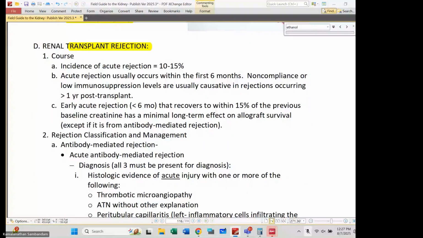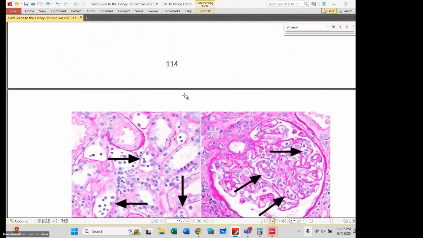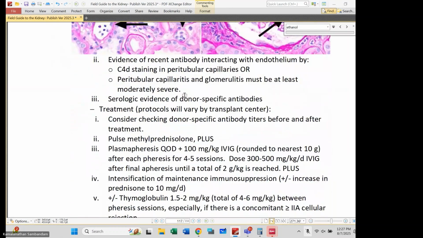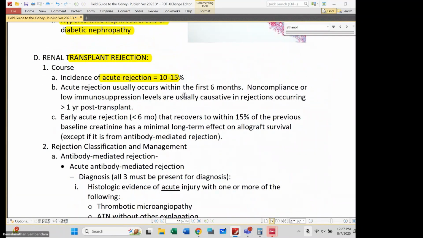All right. Transplant rejection in the modern practice of nephrology or transplant nephrology, acute rejection occurs in 10 to 15% of patients. And that compares, I think I have it here, or I might have said it in our discussion on immunosuppression, that historically, pre-induction immunosuppression, we would see acute rejection rates that were as high as 40%.